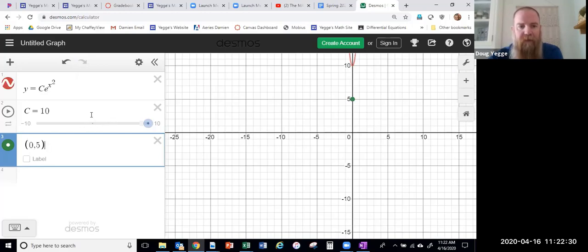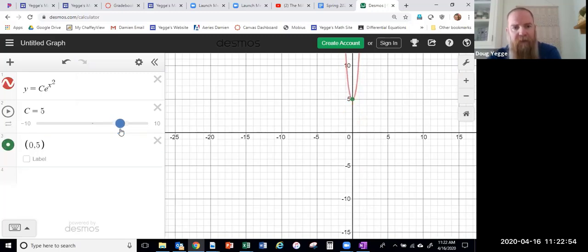Well, obviously 10e to the x squared is not going to be the solution, nor is 3.1e to the x squared, nor is negative 4.7e to the x squared. It looks like there's only one solution that will touch that point. Almost there, it's getting there.